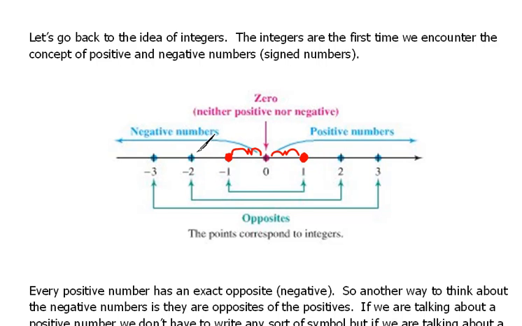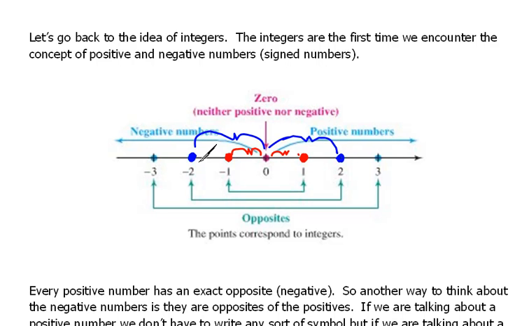Same thing then for this -2 over here. Now notice, if we were to take some kind of a measuring stick and measure the distance from 0 over here to 2, that would be the exact same amount as it is from 0 over to here. So this is like the opposite of 2.